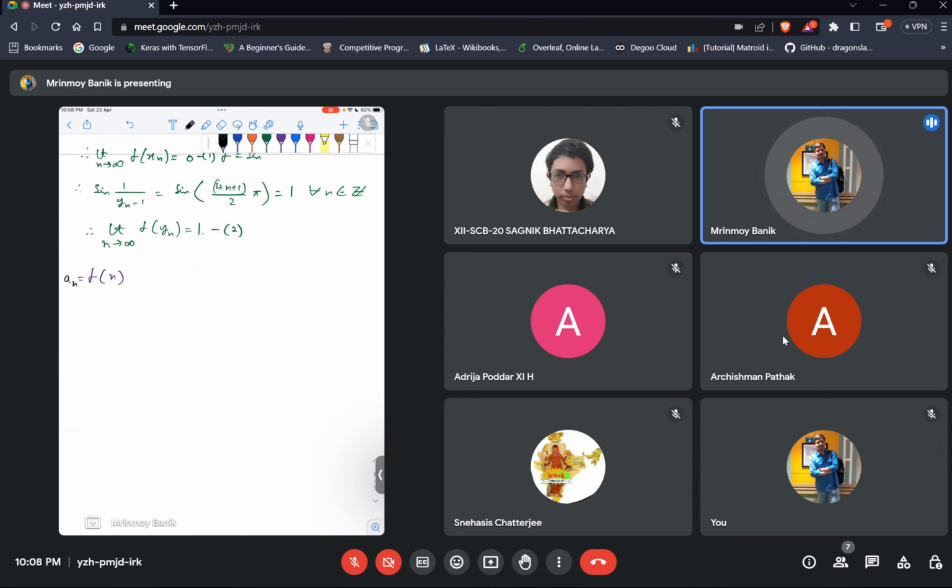So An is basically Fn, right? So both f of xn and f of yn are subsequences of An, because they are only jumping at particular periodic intervals. I mean, all of them are already inside An, right? So Fn already contains all of f of xn and all of f of yn.